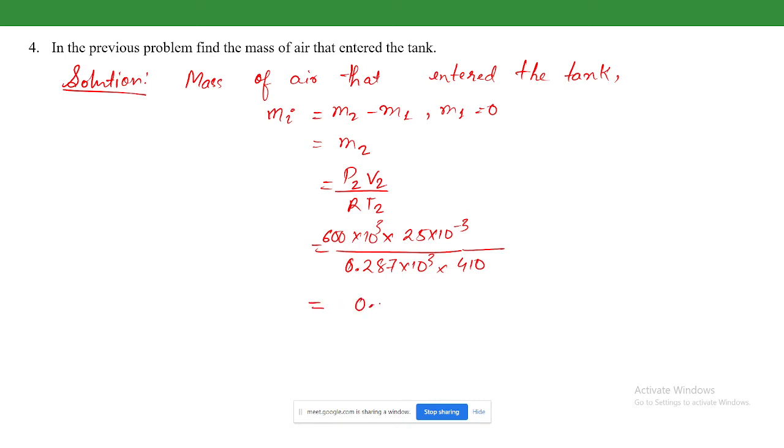This value comes out to be 1275 kg. So this is the mass of air that has entered the tank.